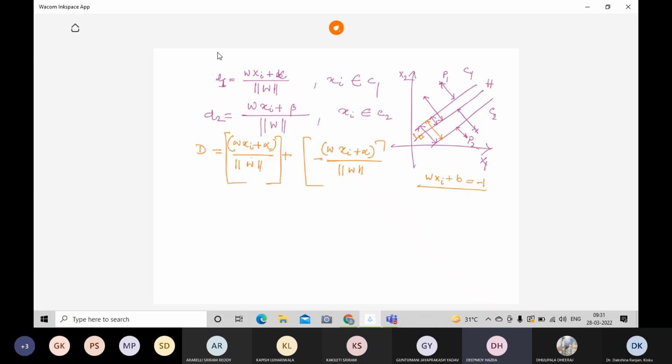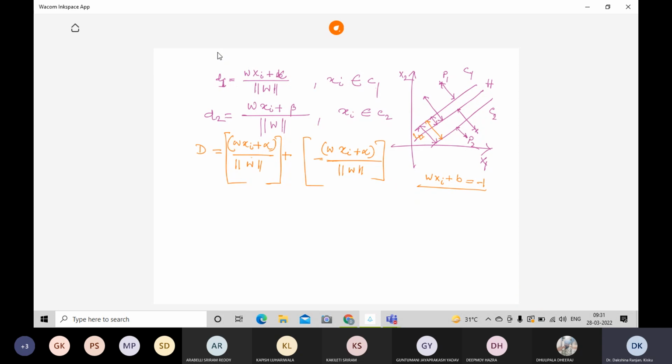Yes. Okay. So basically we are trying to sum up these two distances, which are the distances of the feature vectors of the points of class C1 and C2.